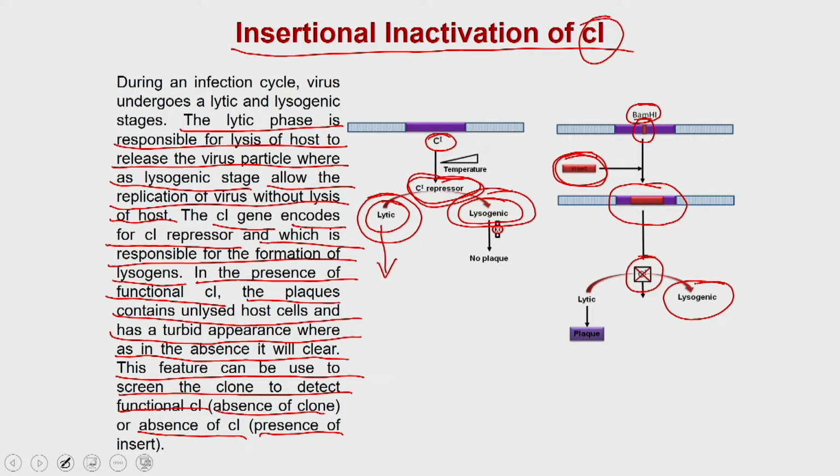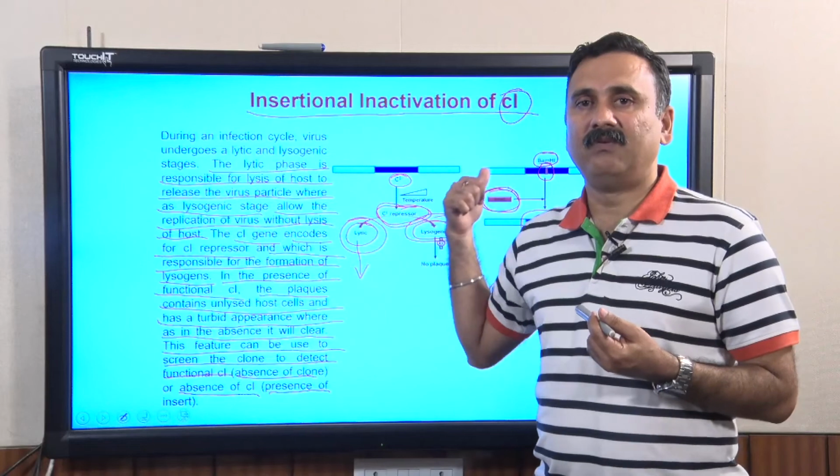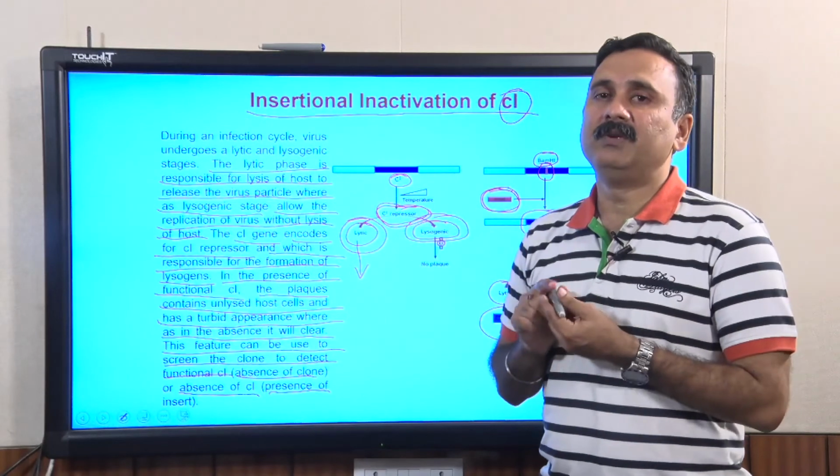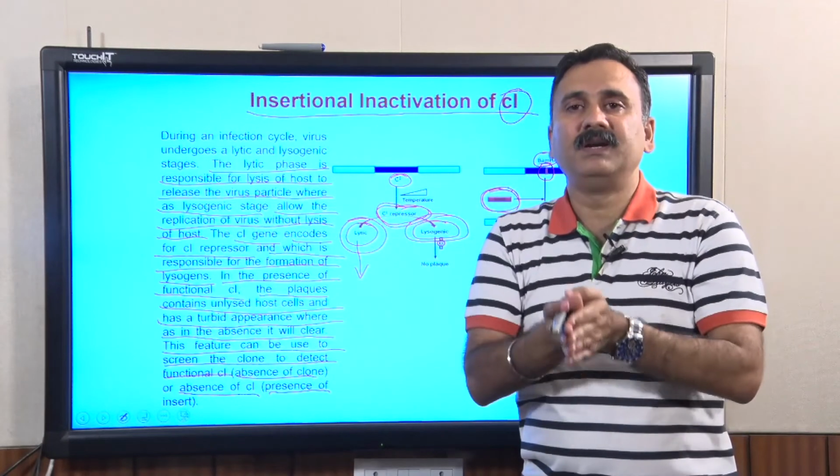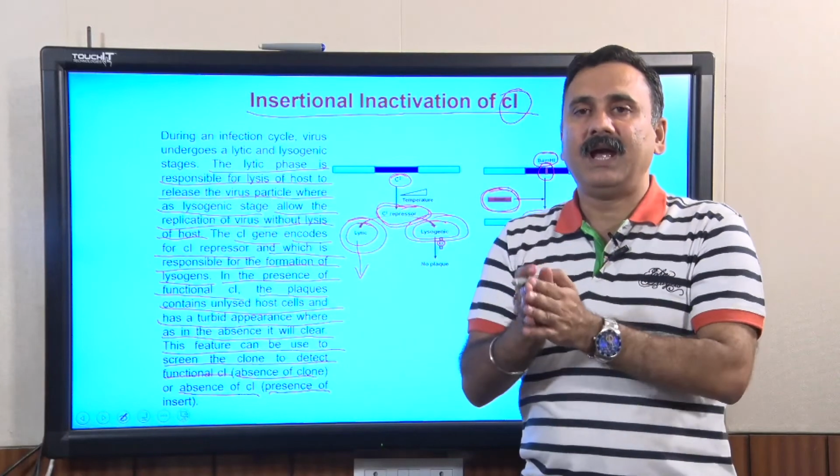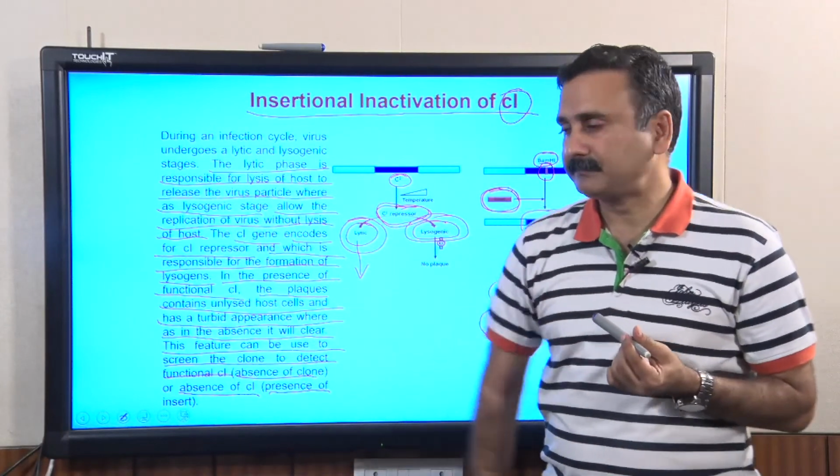It has to go through the lytic cycle, and that is how it is going to form the plaques. So, if you see the formation of plaques after your cloning as well as the transfection using this particular type of vector, the viral vector, you will be sure that your insert is within the CI gene and it has formed the plaques.